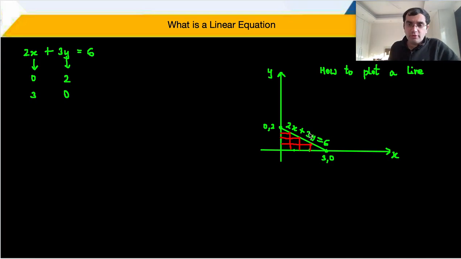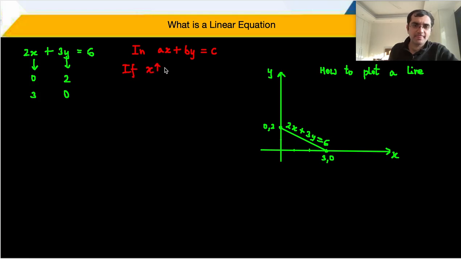So the main point over here is that in an equation of the form ax plus by is equal to c, right, where a, b and c are constants, I notice that if x is increasing, y is decreasing, and if x is decreasing, then y is increasing.